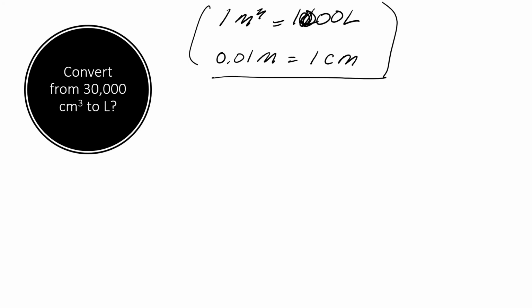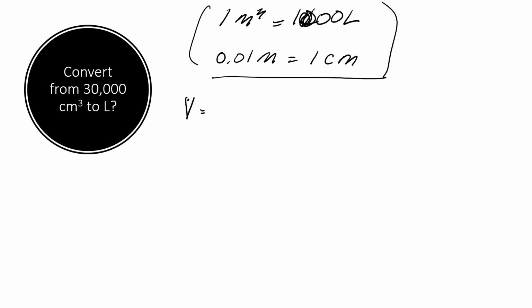So a cubic centimeter is a very small cube that has 1 centimeter on each side, but it's a volume. And I'm going to do this in scientific notation. I love scientific notation.